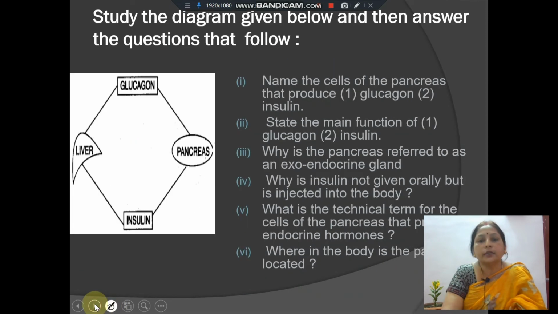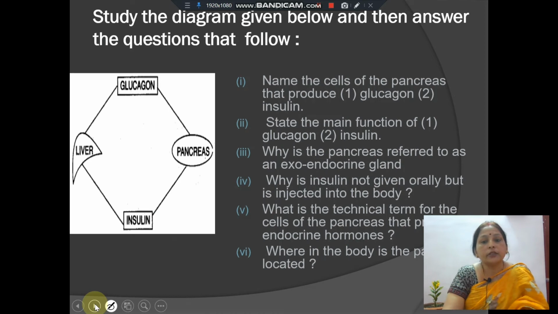Study the diagram given below and then answer the questions that follow. Name the cells of the pancreas that produce glucagon, and second is insulin. Glucagon is produced by the alpha cells of islet of Langerhans of the pancreas, and insulin is produced from the beta cells of islet of Langerhans.